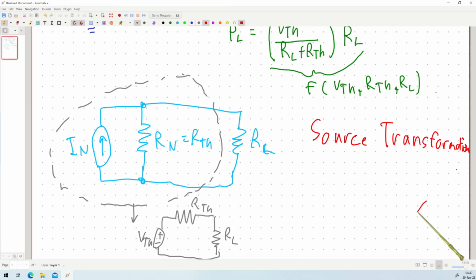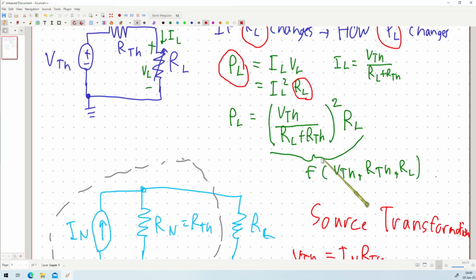So in this case, it is just V equals IR. Just VTH equals I Norton times R Norton, or RTH.